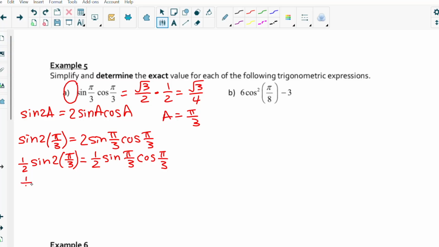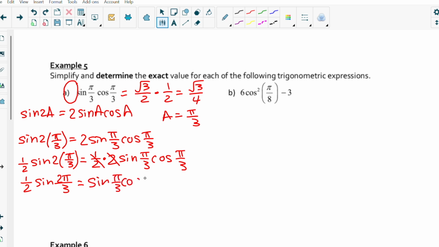So on the left side, I get 1/2 sine of 2 pi over 3 equals, let me be more accurate here, 1/2 times 2 sine of pi over 3 cosine of pi over 3. So that's 1. And I'm left with sine of pi over 3 cosine of pi over 3. Okay, so that equals what we started with.